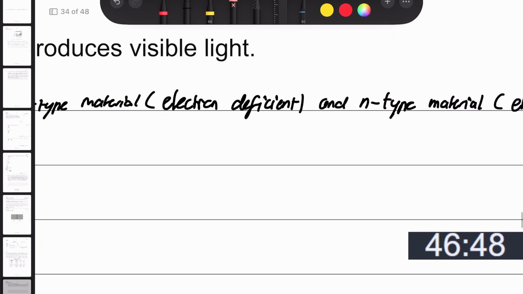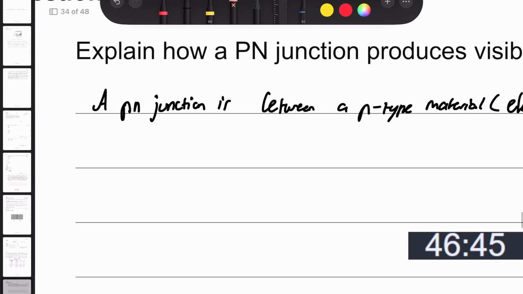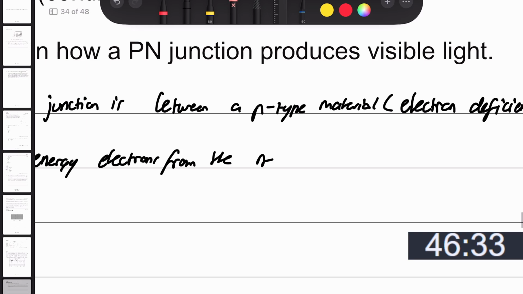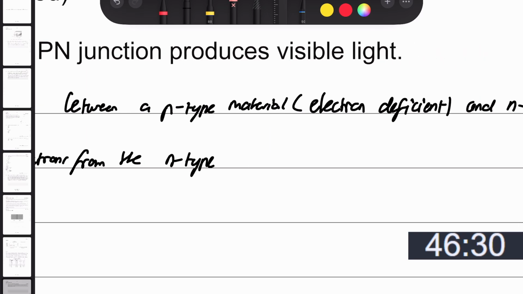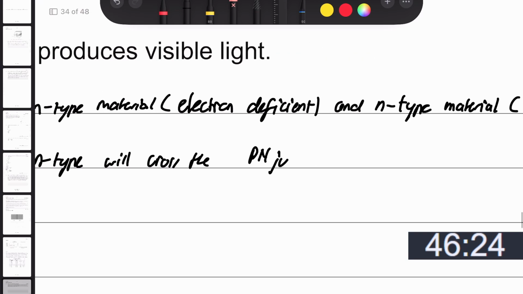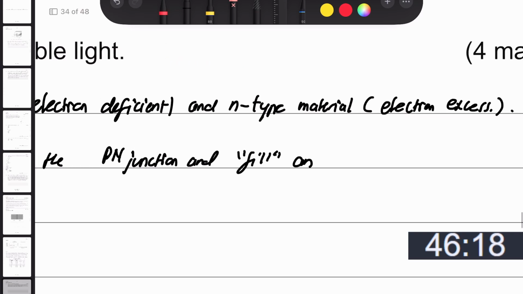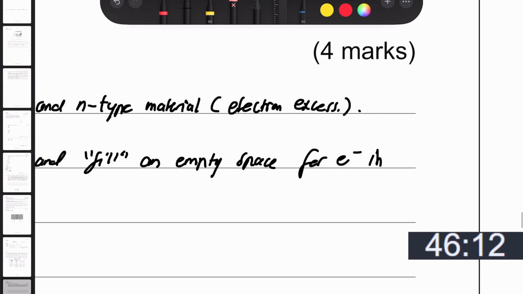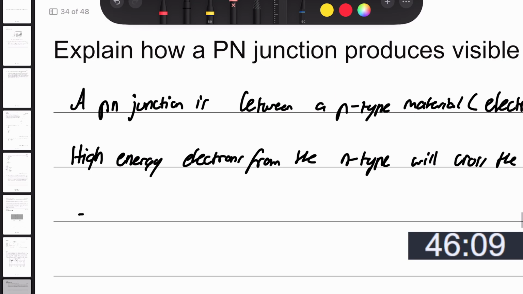I think I'm just going to say that high energy electrons from the n-type will cross the boundary, cross the p-n junction, and fill an empty space for electrons in the p-type material.